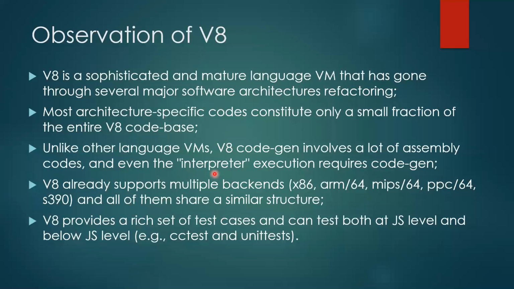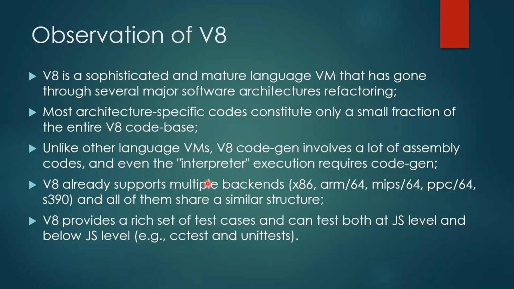Okay, so based on these observations, we do see a lot of plus points. Mature architecture layers, so we can focus on only a small part of the code for the porting. But on the other hand, this is just the tip of the iceberg. When we are debugging, we don't get that lucky. We have a lot of code and we have to figure out why, right? And a lot of test cases is always a plus.